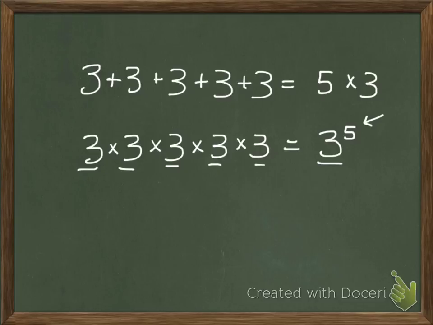So when I want to just diagram this, I've got this number down below, 3. We're going to call that the base, and to the 5th power, that number 5 is the exponent.